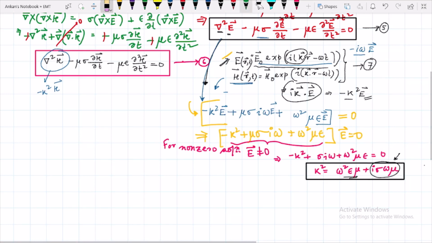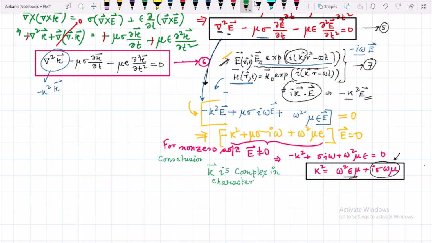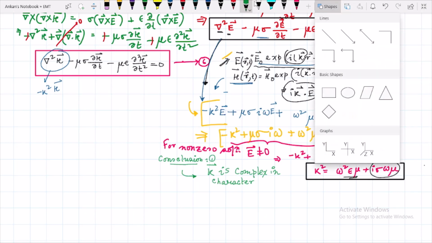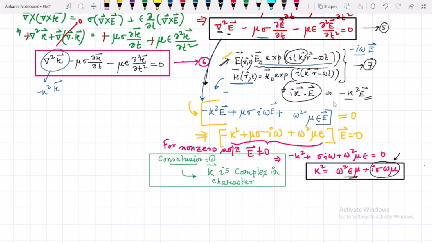So we can conclude that k is complex in character. This is the conclusion number 1.